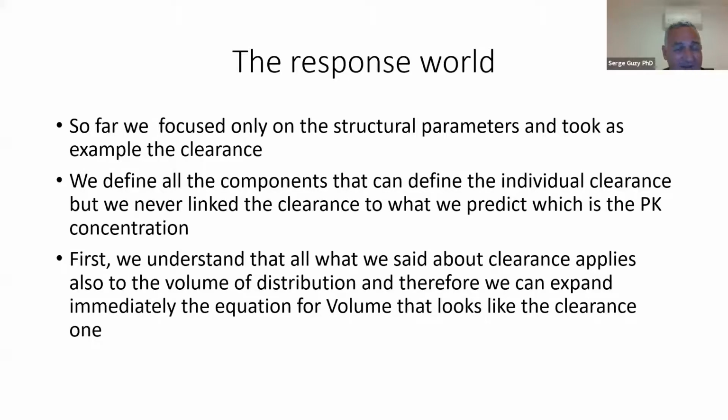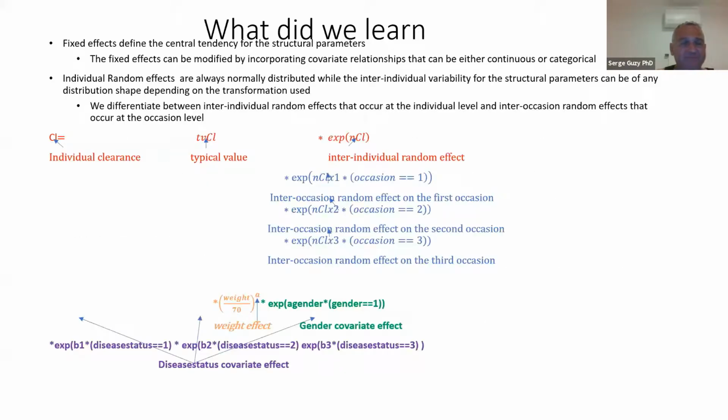Now, as I mentioned, the equation that you see here applies for any of the parameters. Then, if you have volume and clearance, you can just swap the word CL by the word volume, and the A will be applied for the volume.